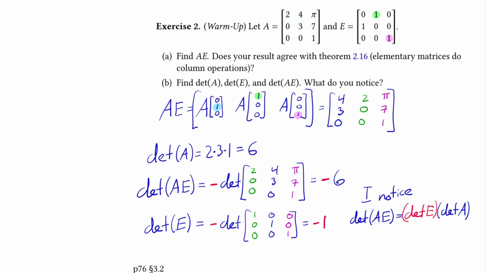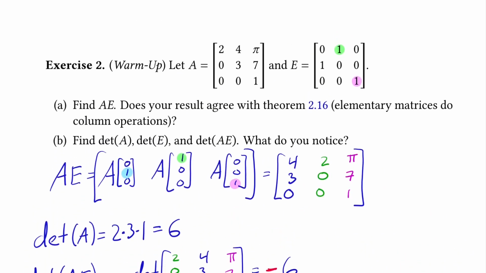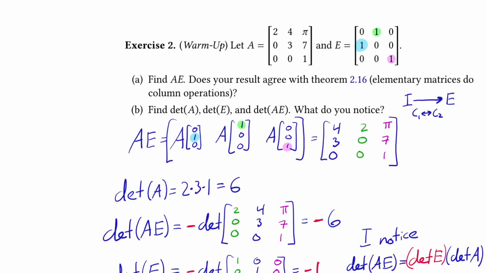So you're basically just doing the linear combination of the columns of A that this is describing, and the column operation that transforms the identity to E is swapping columns 1 and 2, and we get the same result done to A to get AE, which is what theorem 2.16 says.